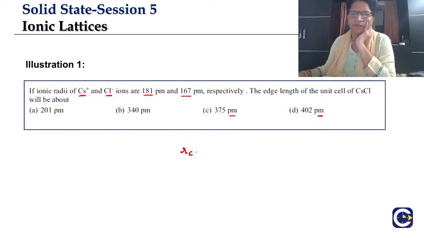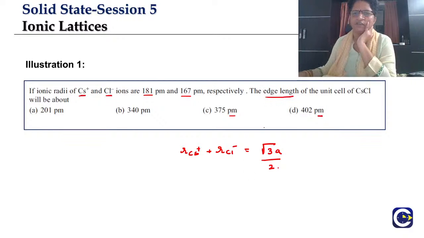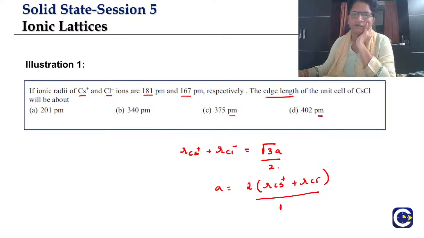The radius of the cesium ion plus the radius of the chloride ion will be equal to root 3a by 2. And what is asked? The edge length of the unit cell is asked. So a is equal to 2 times the radius of the cesium ion plus the radius of the chloride ion, divided by root 3.